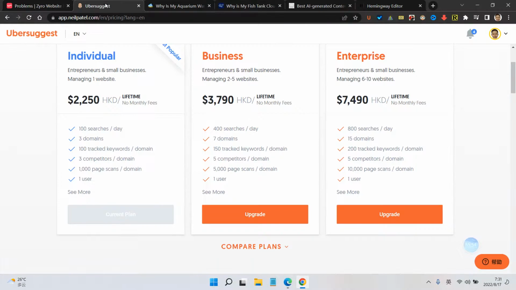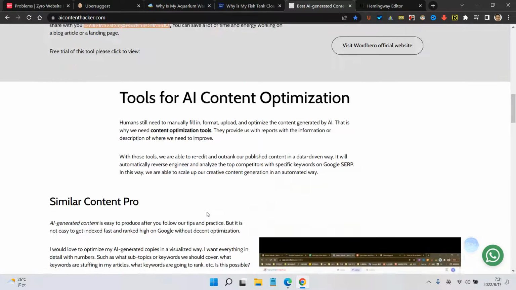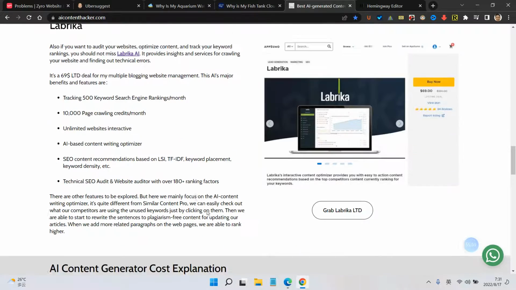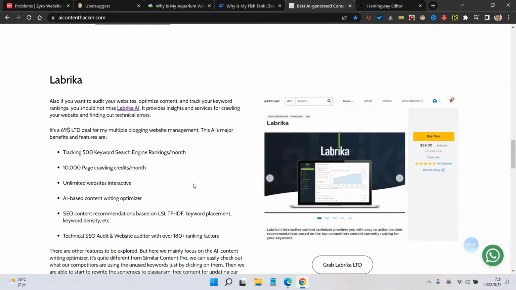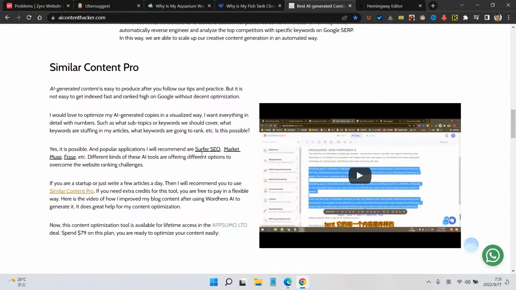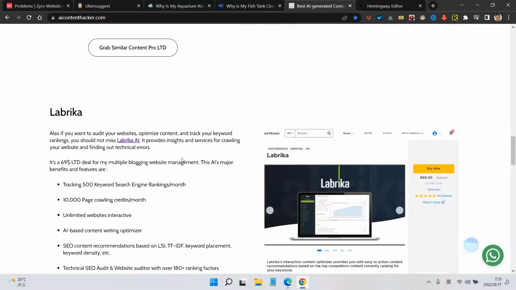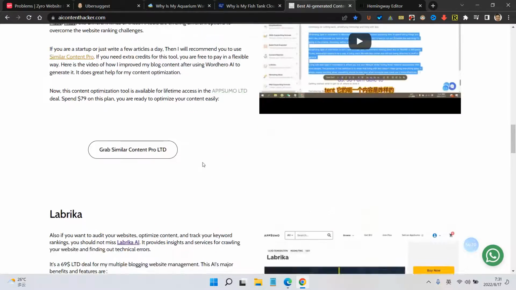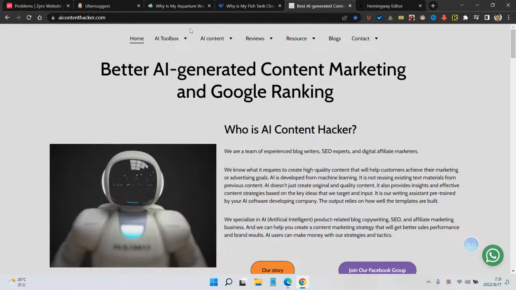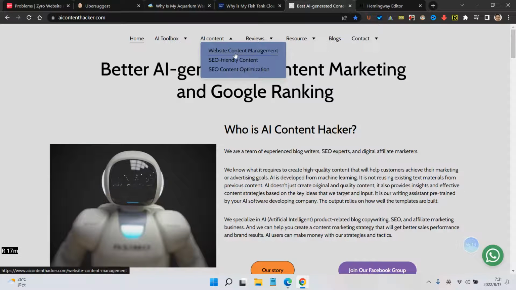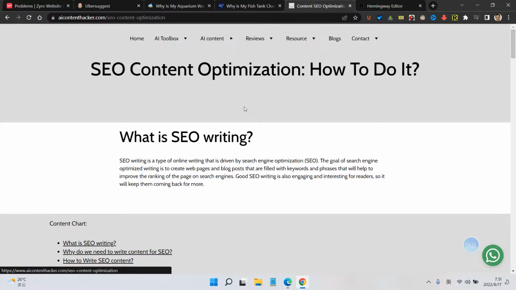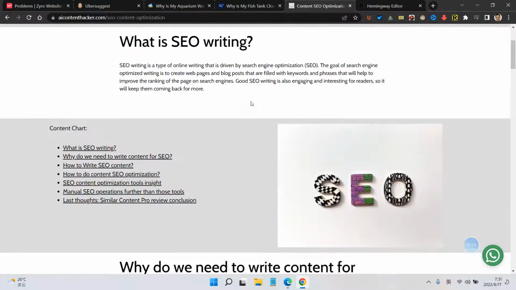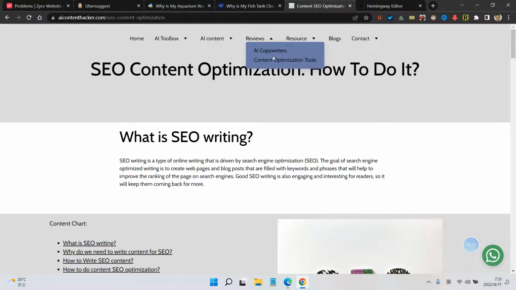And for the rubric, I use them to check some keywords because I think this one is good. But I also have a content optimization tool. I already wrote about this kind of content, about the tools.